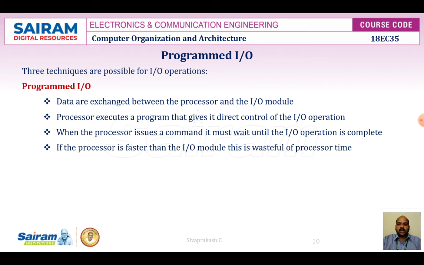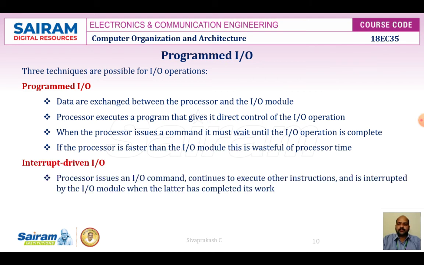The processor executes a program that gives it direct control of the IO operation. When the processor issues a command, it must wait until the IO operation is completed. If the processor is faster than the IO module, this is wasteful of processor time. Hence, we need this synchronization.